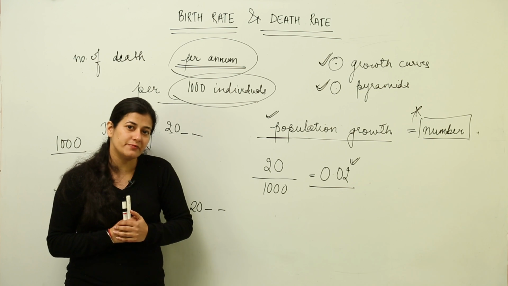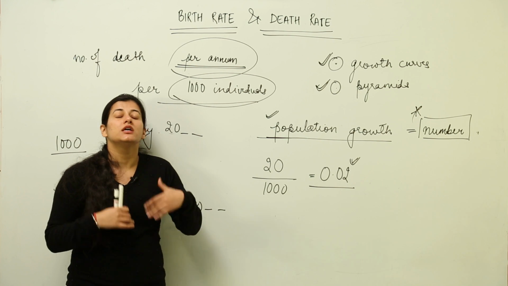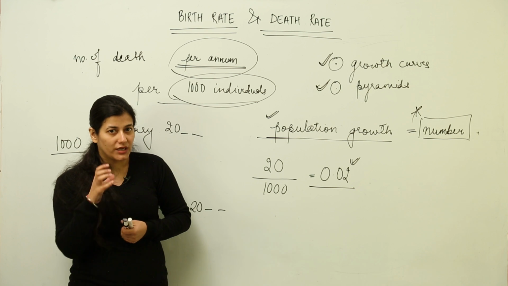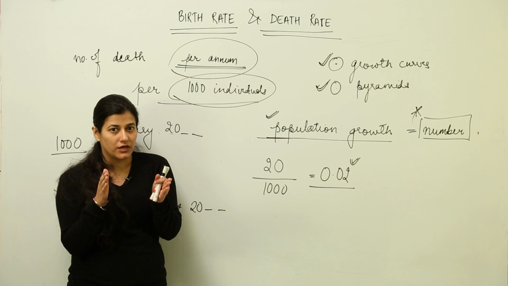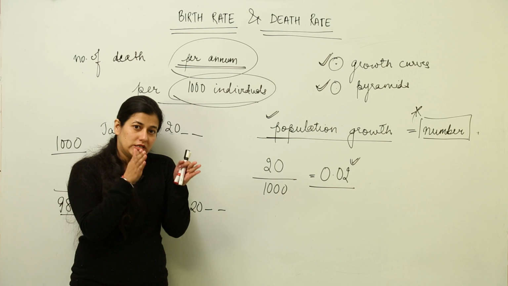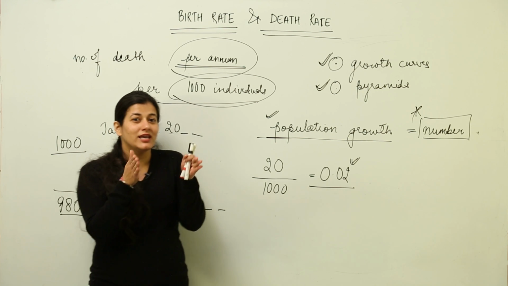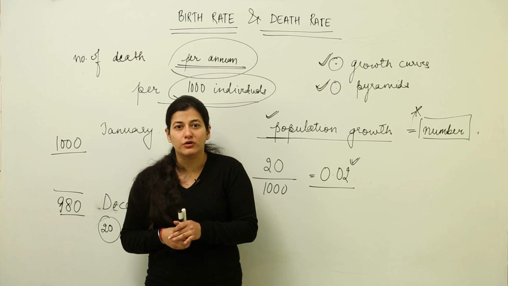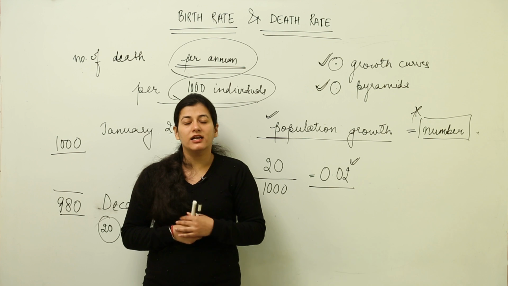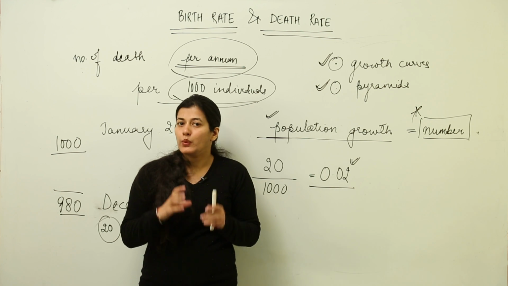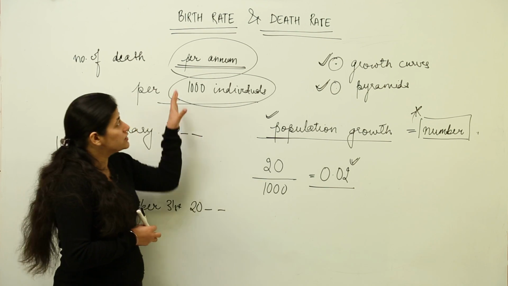Once we understand growth curves, we can move forward to age pyramids, where we look at which stage of human age has the maximum number of individuals. So for understanding population in great depth, we need to be aware of these two terms.